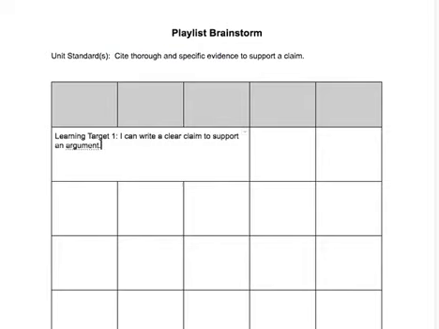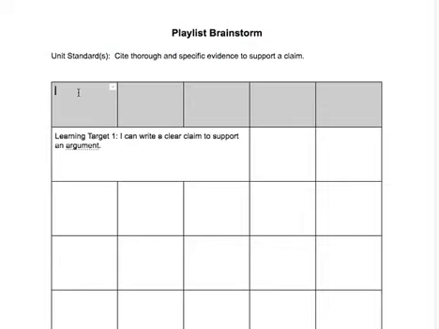So then what we're going to do is turn these columns into a playlist that builds on itself until we have a complete unit plan. I'm actually going to jump over in a second and show you one that is a little bit more completed from a sample we did in a training earlier this week.